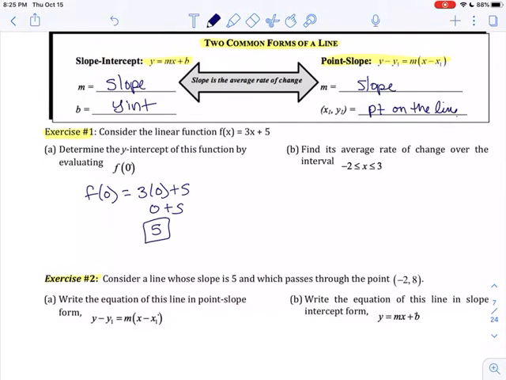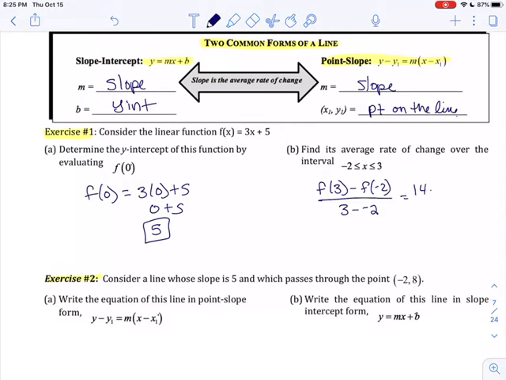Find the average rate of change. That's something that we also did in this unit. For a linear function, well, let's just do it out. The average rate of change is going to be f of 3 minus f of negative 2 over 3 minus negative 2. So f of 3, I'm plugging in 3. 3 times 3 is 9 plus 5 is 14.